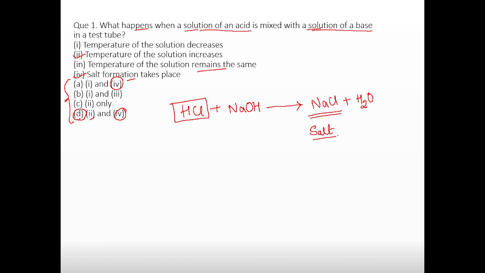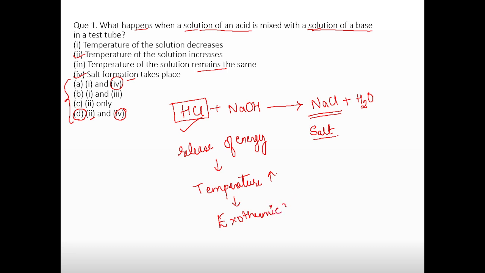So the very first thing which you have to remember is that any equation related to acid will have a release of energy. Just remember this thing, release of energy. And when there is a release of energy, that means the temperature is definitely going to increase. Whenever such a thing happens, such a reaction is termed as an exothermic reaction.